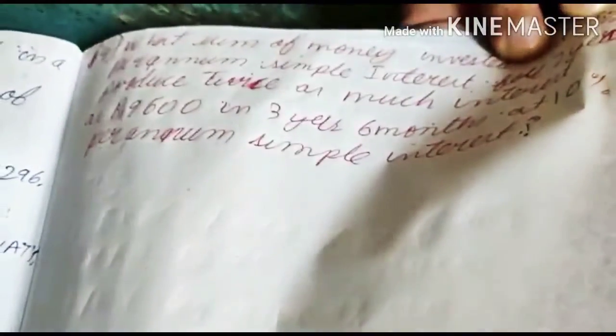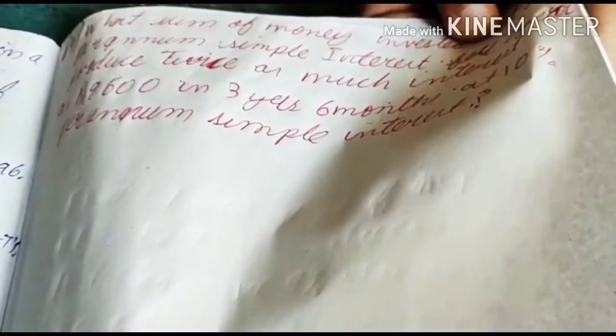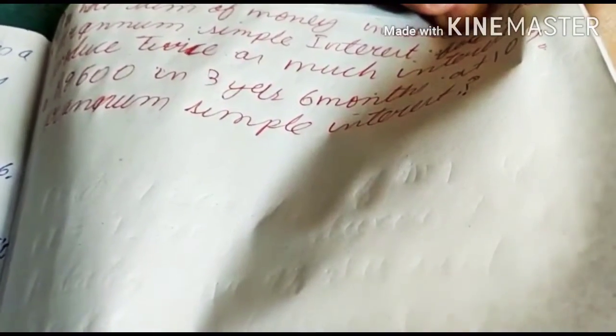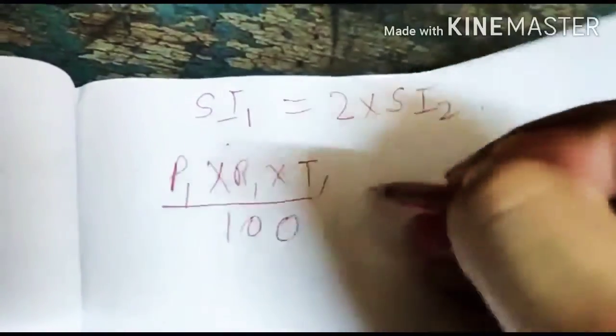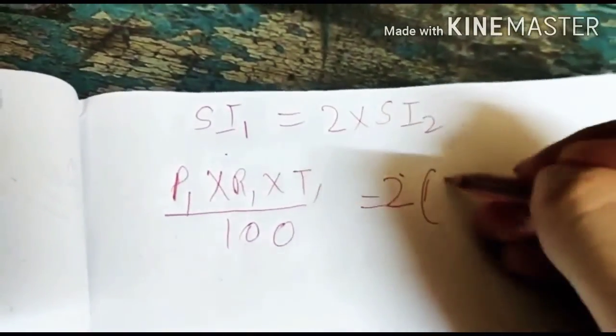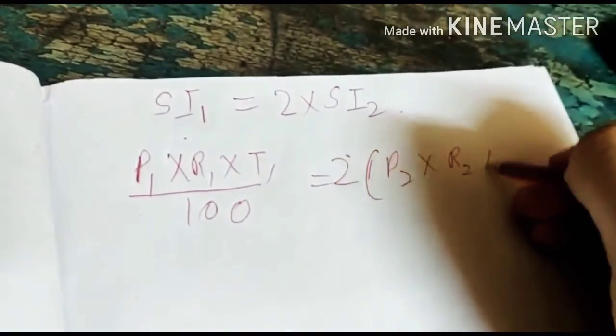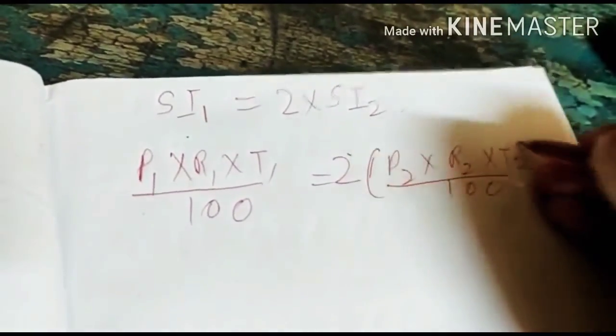The question said produces twice as much interest as this, means the first system interest is equal to twice the interest of the second. So the simple interest of 1 is P1 into R1 into T1 upon 100 equals 2 into P2 into R2 into T2 upon 100.